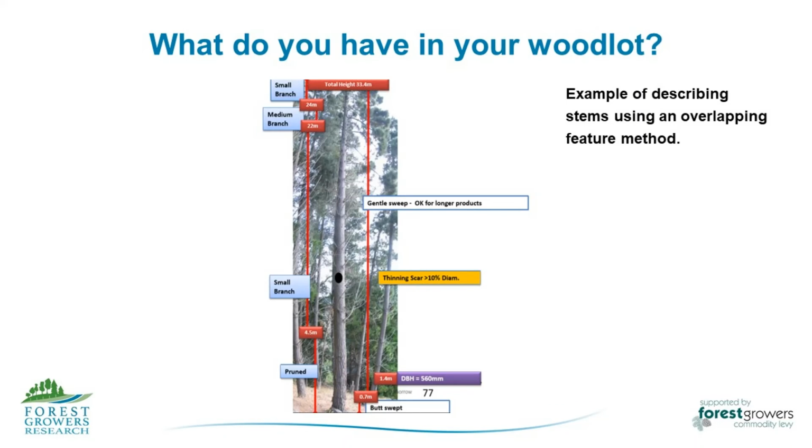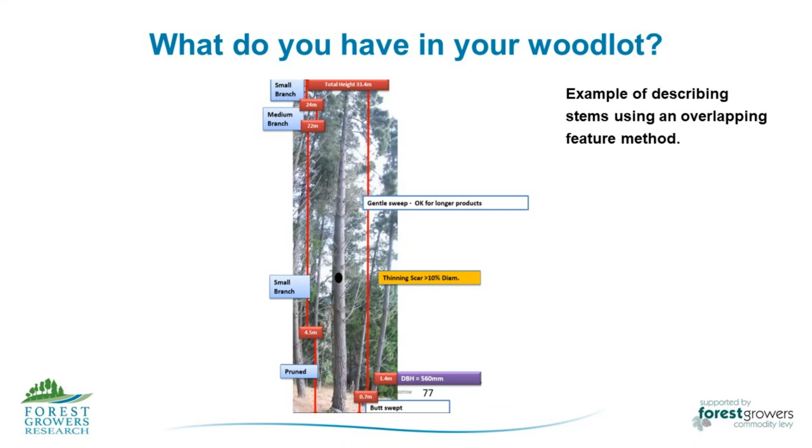Most pre-harvest forest inventories in New Zealand today use the plot-safe overlapping feature method for describing the stems within each plot. First, diameter at breast height and tree height are measured. Then the cruiser assesses where branch size changes up the stem. Then sweep is assessed.